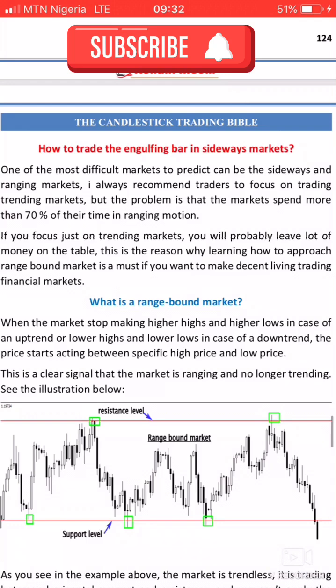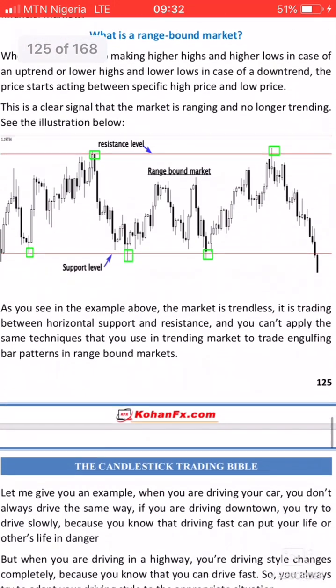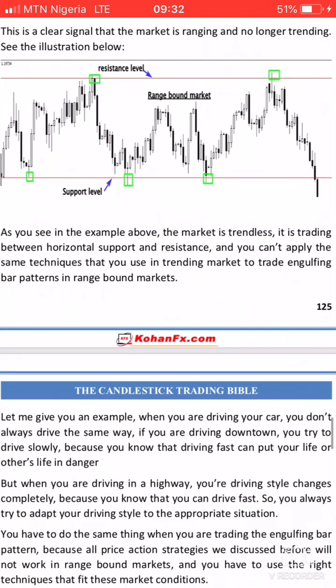See the illustration below. As you see in the example above, the market is trendless. It is trading between horizontal support and resistance, and you can't apply the same techniques that you use in trending markets to trade the engulfing bar pattern in range-bound markets.